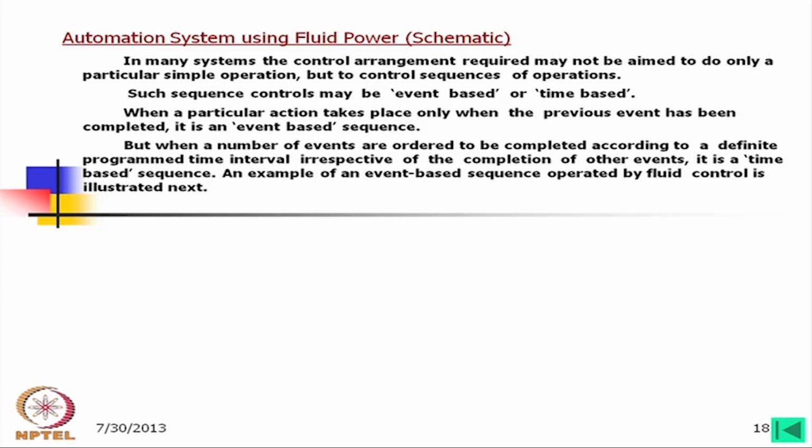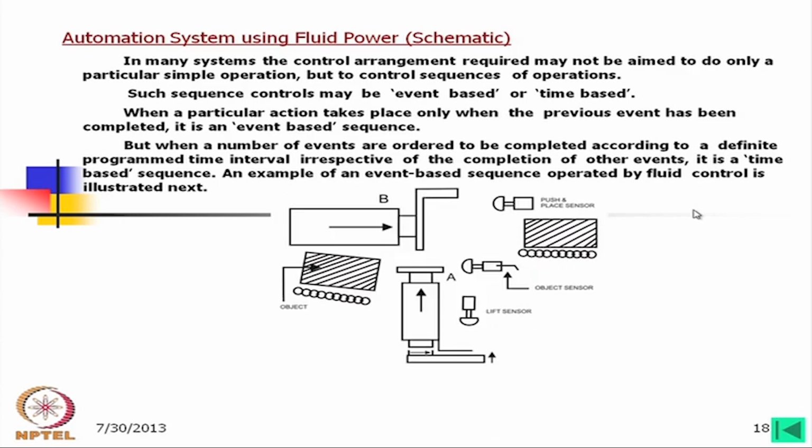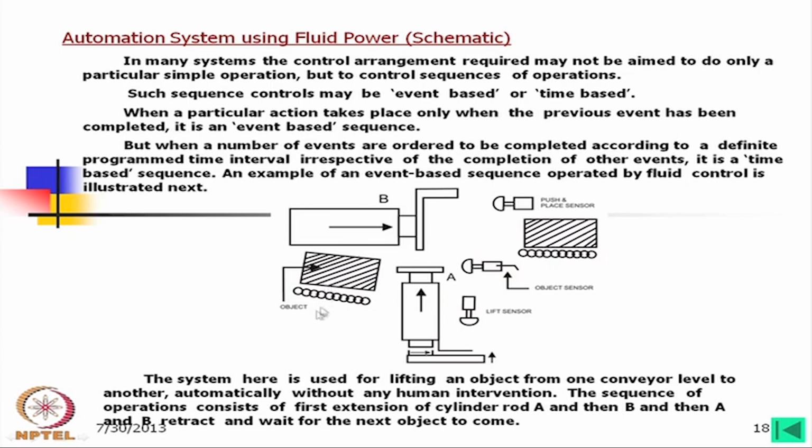An example of an event based sequence operated by fluid control is illustrated next. Now, look at this. The system is used for lifting an object from one conveyor level to another automatically, without any human intervention.